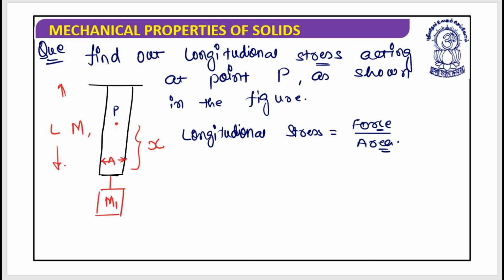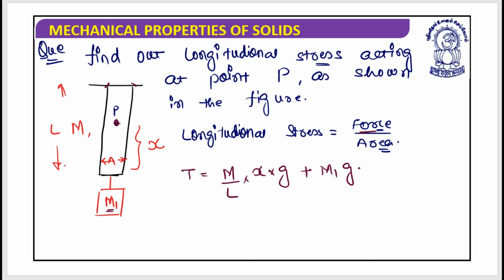Basically I need to find out the tension at that point. To find the tension, which I have written here as a force, m1g is fixed. Now I need to write down the tension due to this rod, only up to this point. So I have the total mass m divided by total length l, multiplied by the length x, into g, plus this m1g.